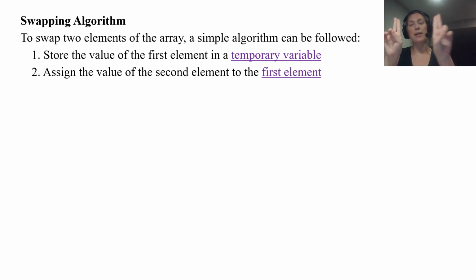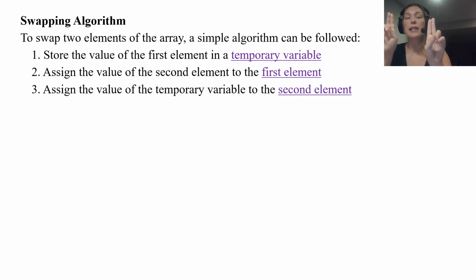The second element is copied to the first, so that basically at this point in the algorithm, you have 2 of the same numbers or words, whatever is in your array. You have 2 of the same values in your array. And then the third step, the temporary variable gets put in the second element. And that's how you can swap these two elements, whatever they are.